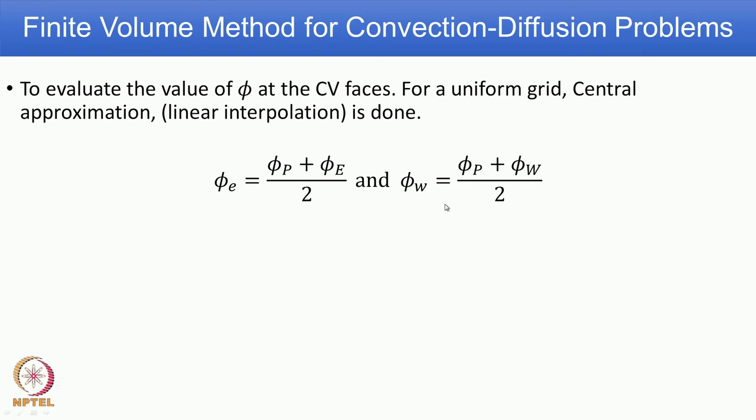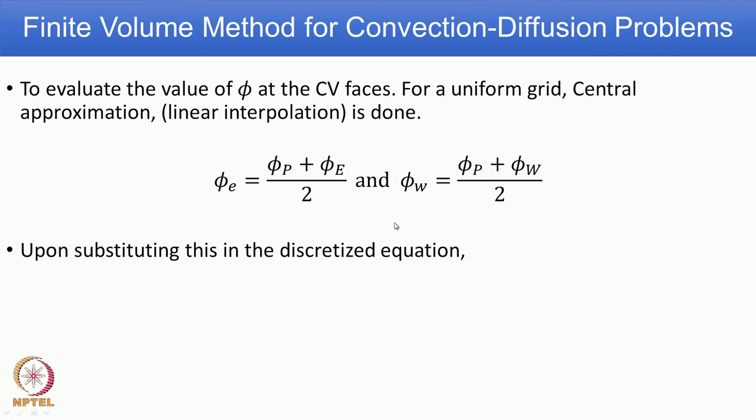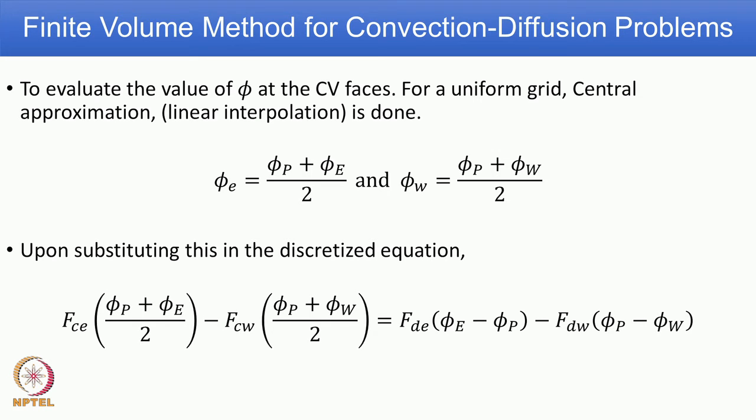Similarly, the phi required at the west face is related to phi values available at nodes P and W.